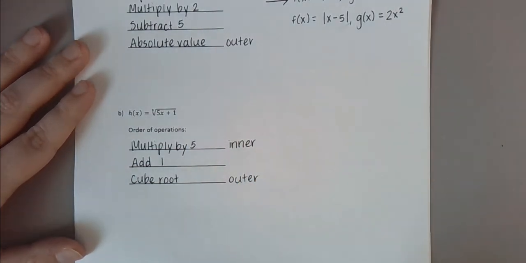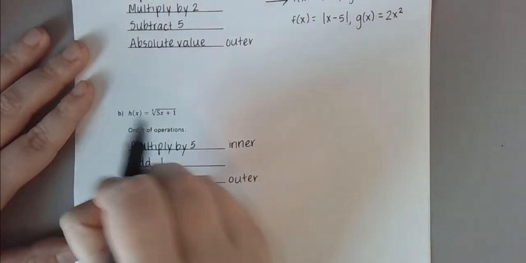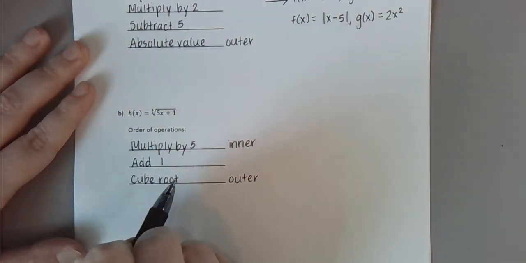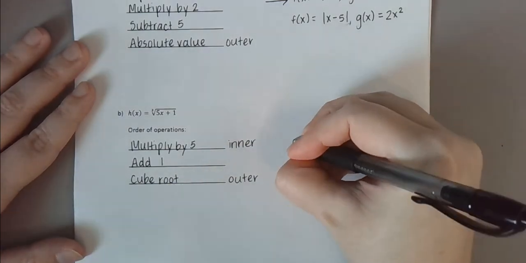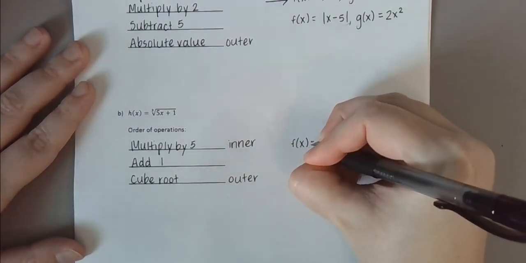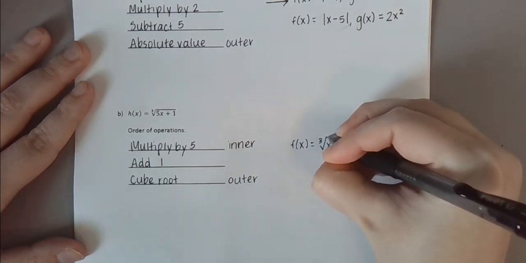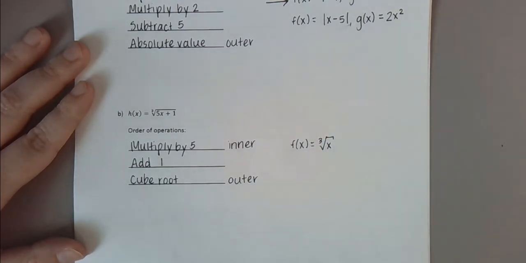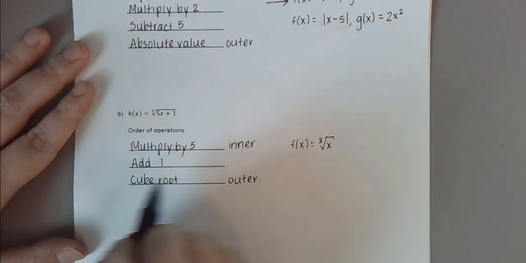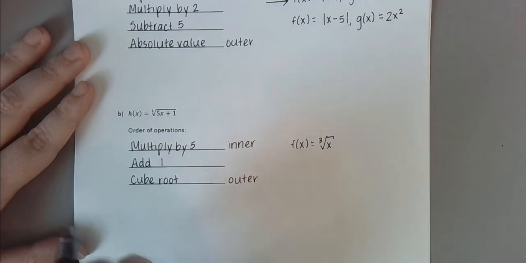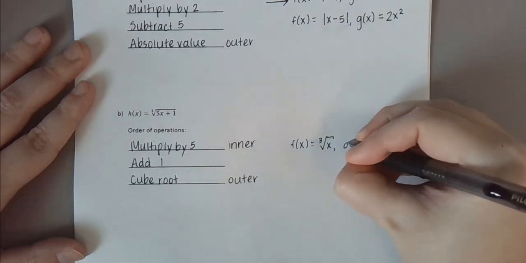So if we want to decompose this function into an inner and an outer function, the outer function could just represent the cube root, which means our outer function is going to take an input x, and it's just going to apply the cube root to that input. If this one operation is represented for our outer function, the other two have to be represented by our inner function.